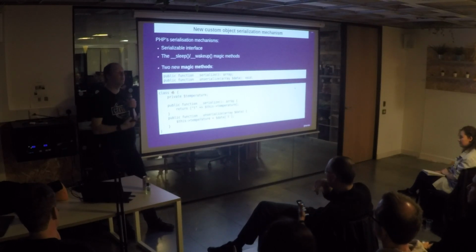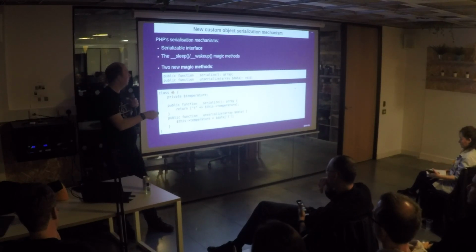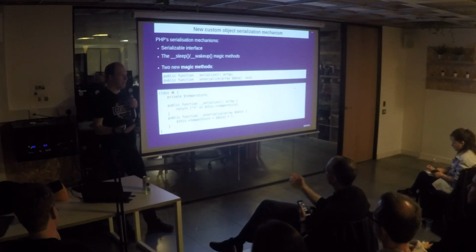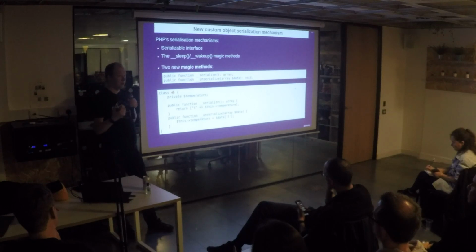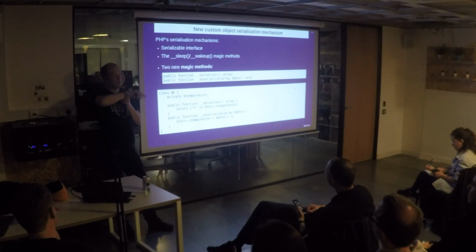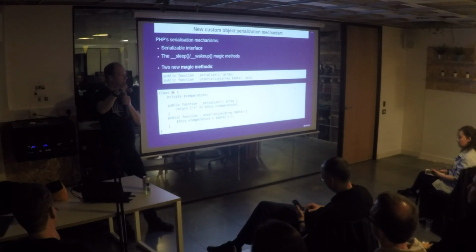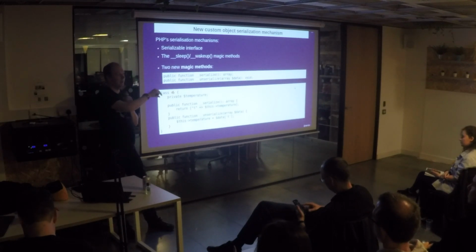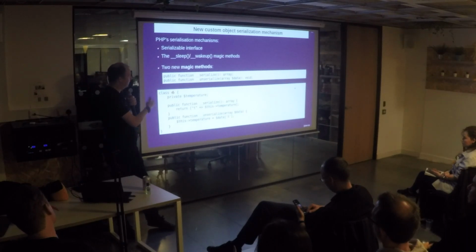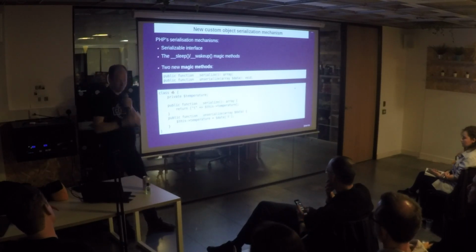The whole idea why this is necessary comes into effect when you have inheritance, because sleep and wakeup don't really allow you to do anything with inherited properties at all. And the Serializable interface has the problem that if you have a serialized string, you can't pluck out a specific subpart, because it is context dependent on earlier bits in the string, which isn't great. This new serialization mechanism solves that.